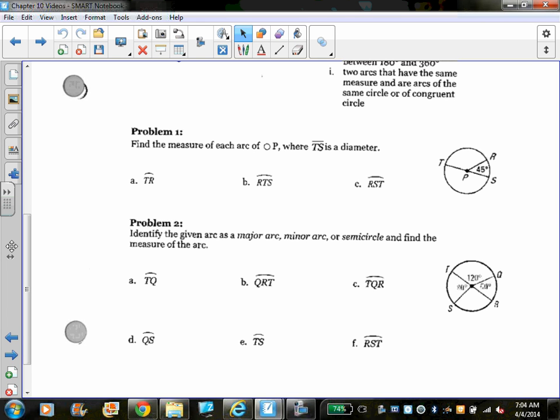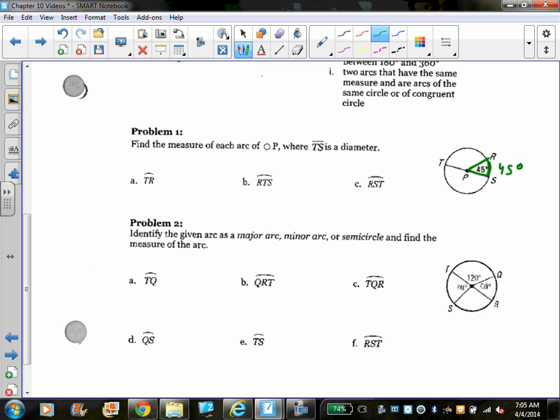Going towards the other problem types here, problem one is the type that you saw a little bit in the last video, where you have to find the measures of each arc. Important to remember that the measure of the central angle tells you the measure of the arc it's opening up towards. Since that angle I just highlighted is 45 degrees, arc RS would also be 45 degrees.